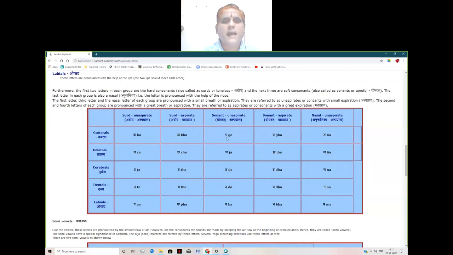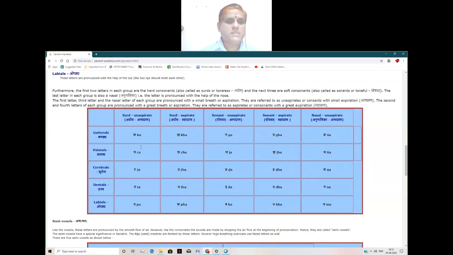And here coming da, dha, ja, jha, da, dha, da, dha, ba, bha. This is the pronunciation. Here, Anunasika Alpa Prana. This also should not be stressed more. Here, ga is pronounced in a simple manner. Here, gha you have to stress.